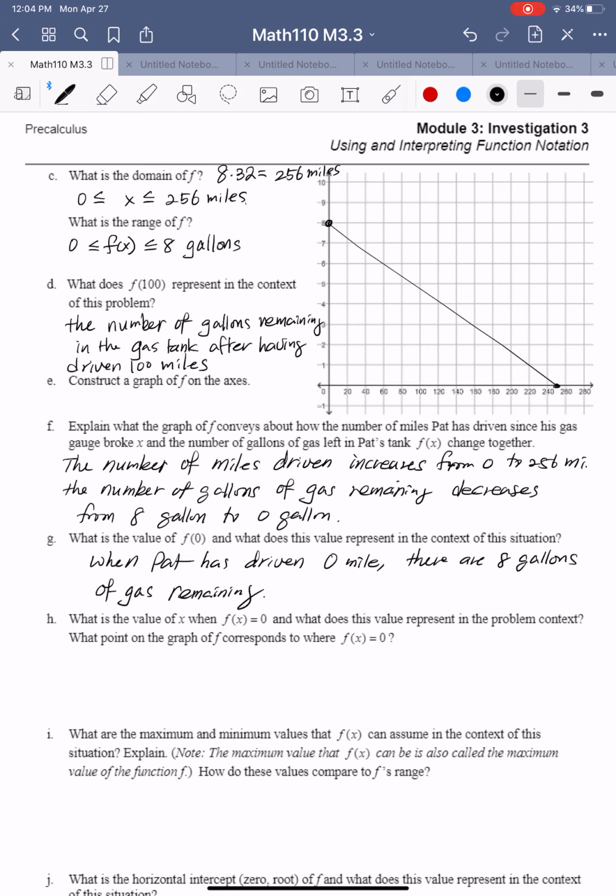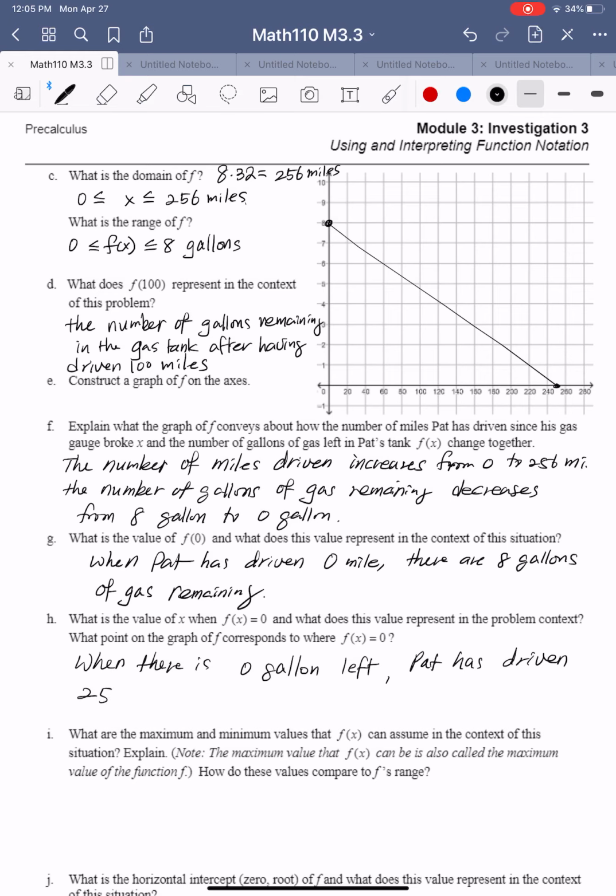What is the value of x when f of x equals 0? This means when there are 0 gallons left in the tank, Pat has driven for 256 miles.